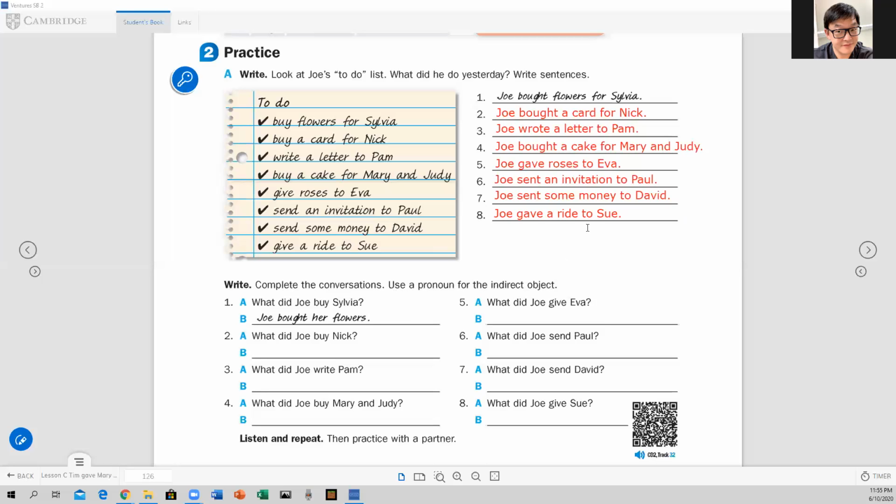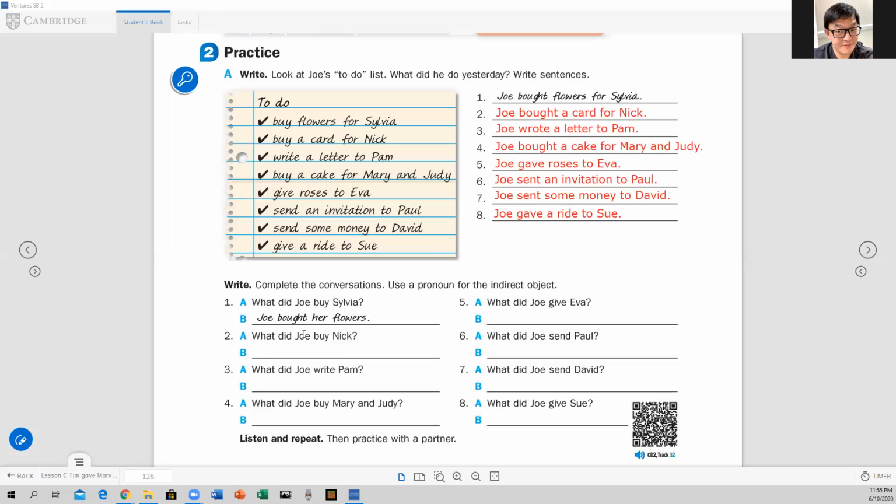So every time you have a name of a person, you have to change that for a pronoun. For example, Joe bought, let's say, flowers to Sylvia. Okay, Joe bought flowers to Sylvia. You have to change that to Joe bought her flowers.